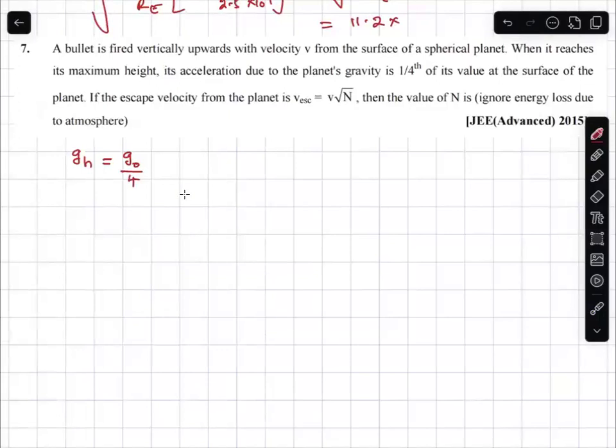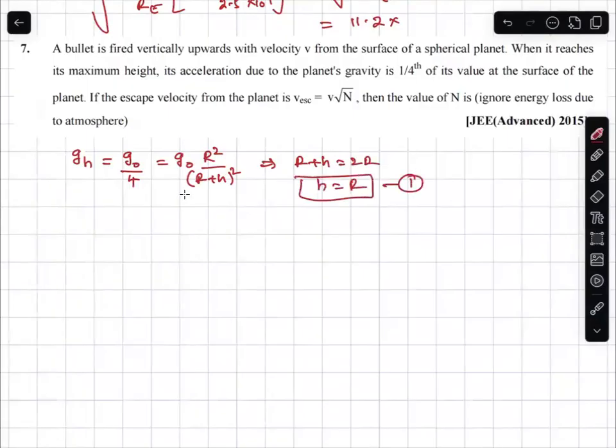Normally you will write this as g naught R square by R plus H whole square, which implies R plus H is equal to 2R and H is equal to R.